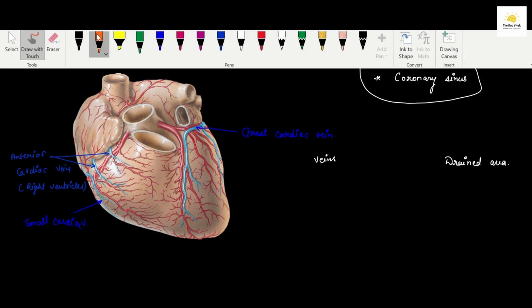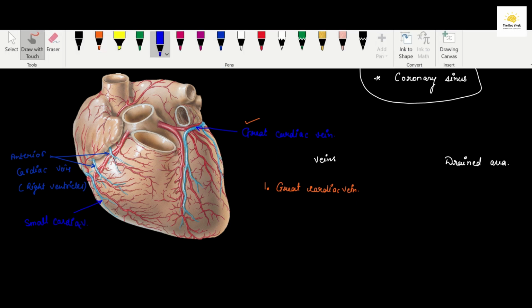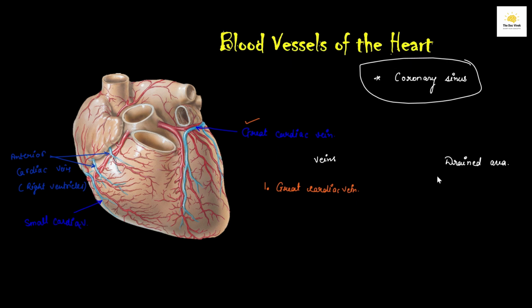The first one we studied is the great cardiac vein. The great cardiac vein collects blood from the veins of the anterior surface of both ventricles and their interventricular septum.